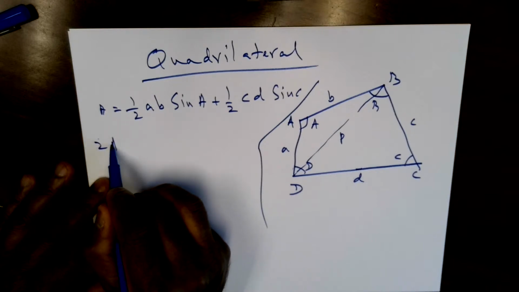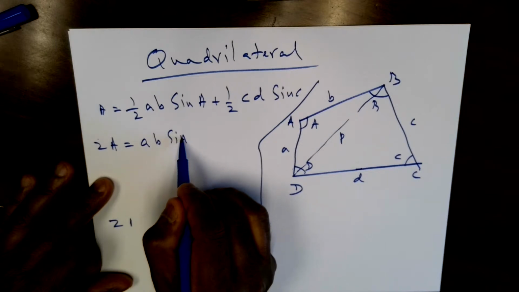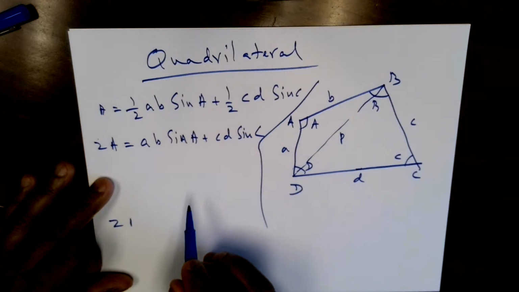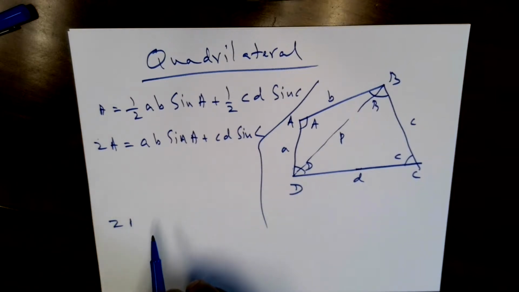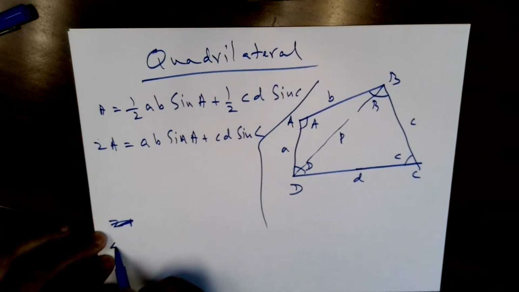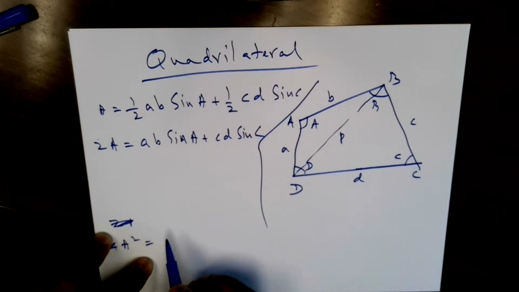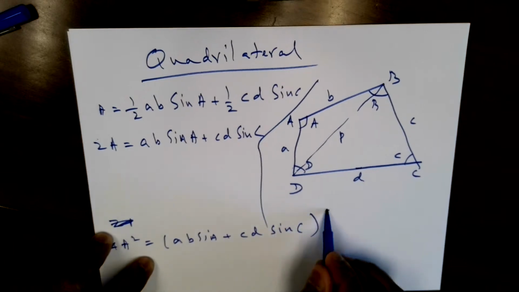So 2A is AB sine A plus CD sine C. To simplify this as much as possible, I'm going to square it. So I get 4A squared is AB sine A plus CD sine C, the whole squared.